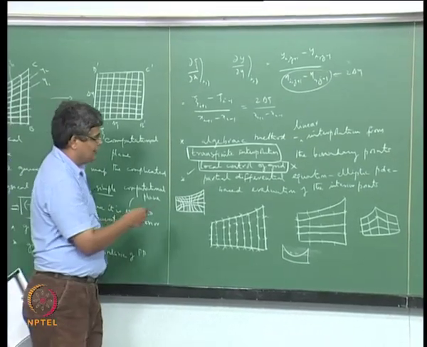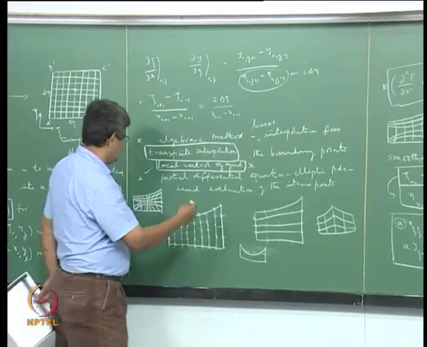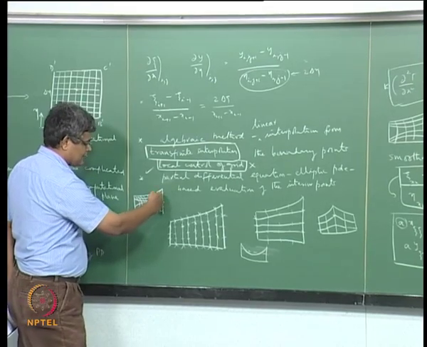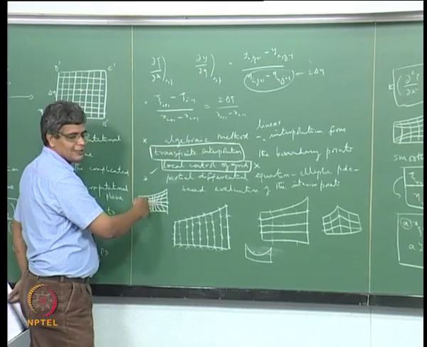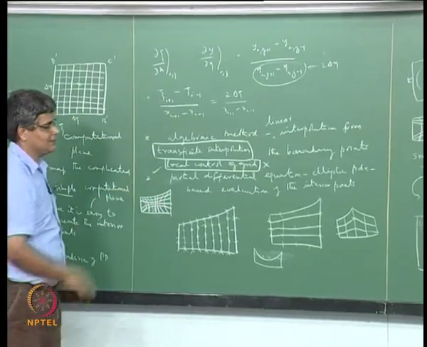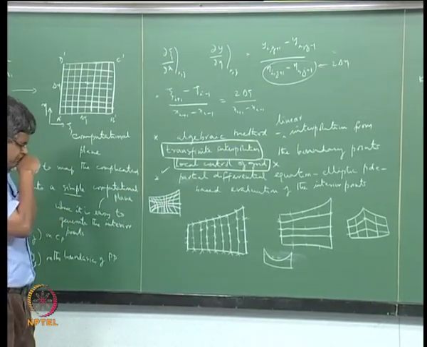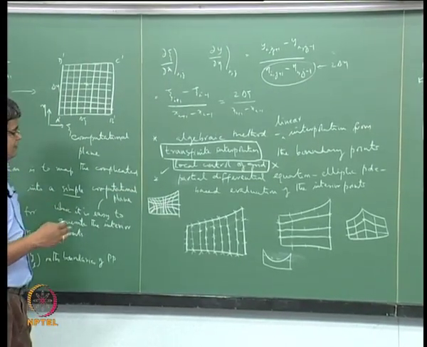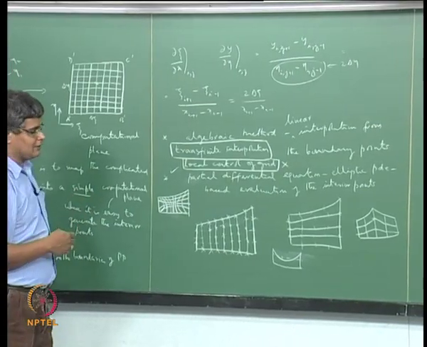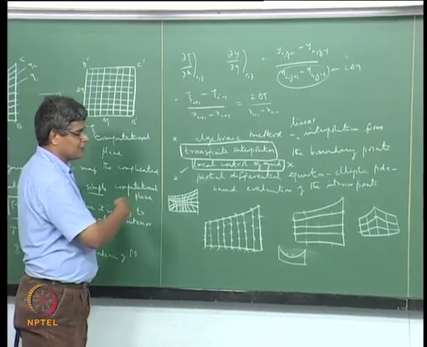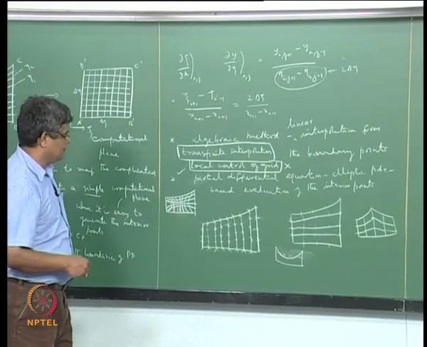If you have a local source of heat, then these contour lines will get attracted towards this, and a local sink means that they can go away from that. So you can make them attracted or not attracted by putting these kinds of quantities.